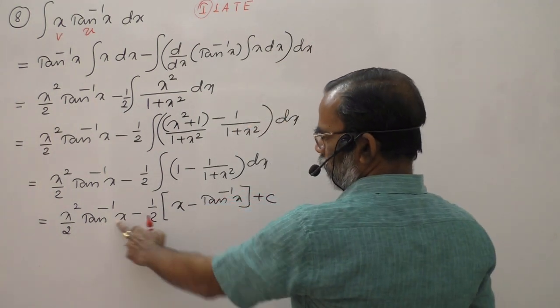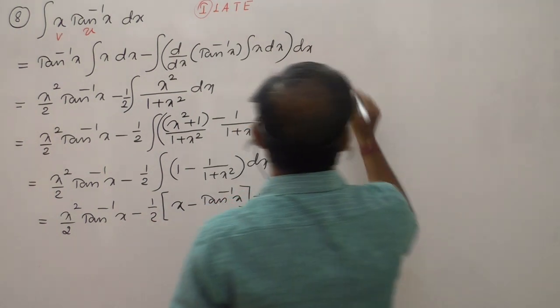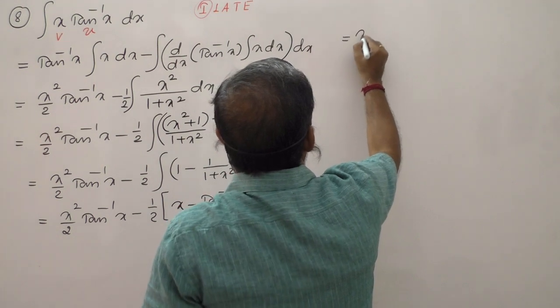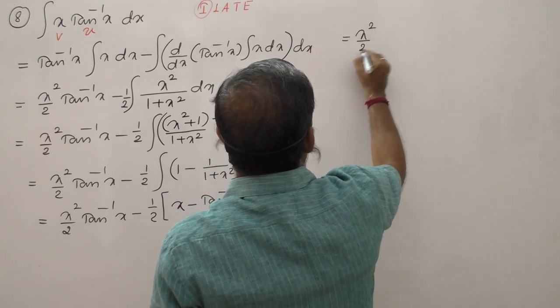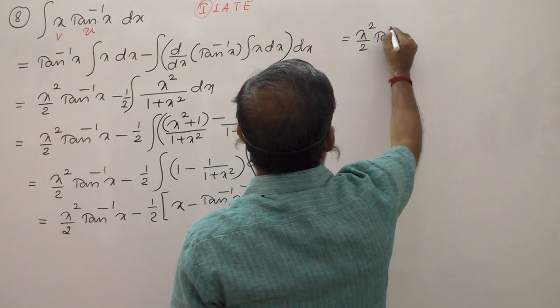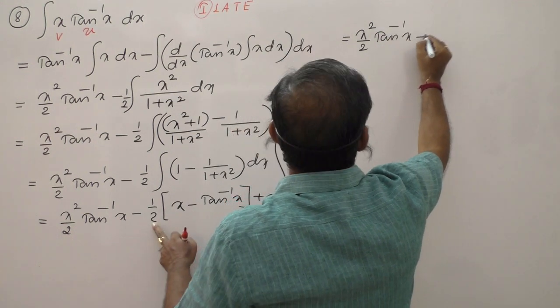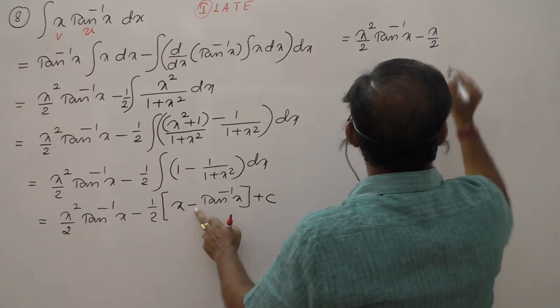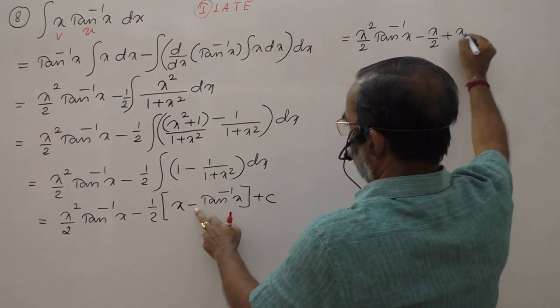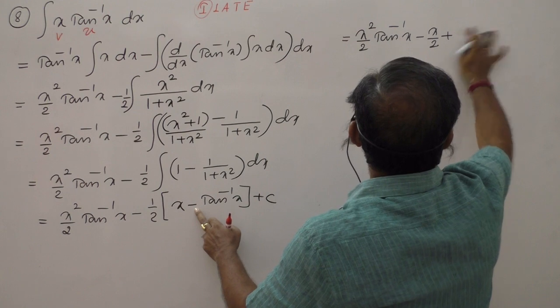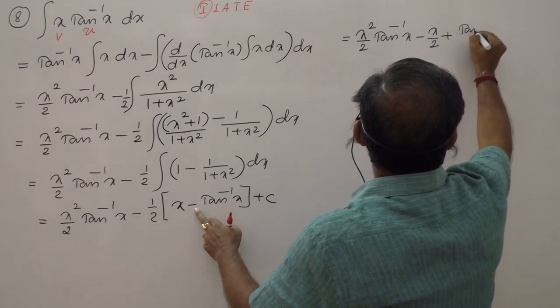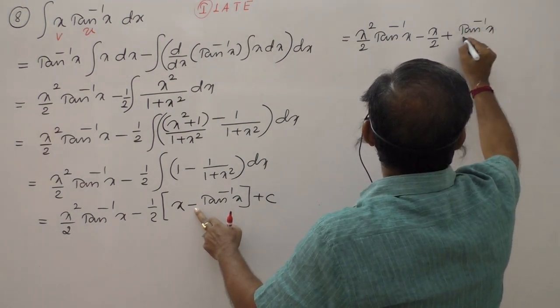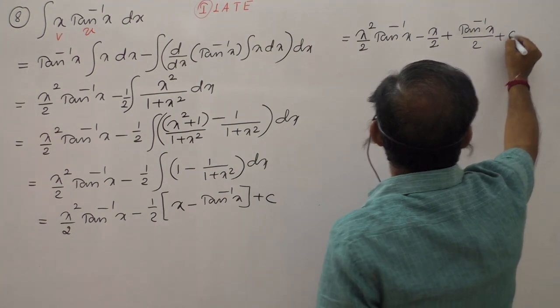Here we have tan inverse x, and we have tan inverse x. Okay, we will write one more step. What is this? x square by 2 into tan inverse x. Then we have minus x by 2, minus into minus plus, what is there? Tan inverse of x by 2. Yes, plus c is there.